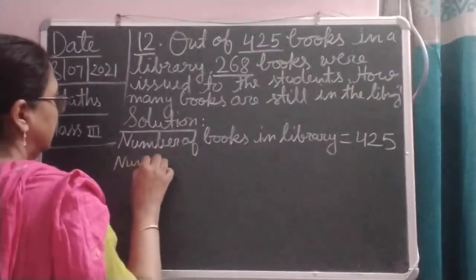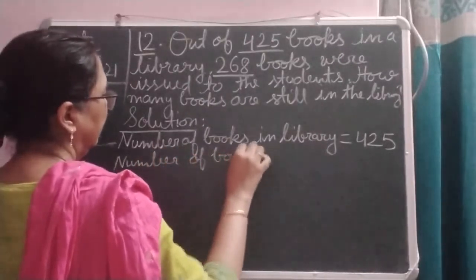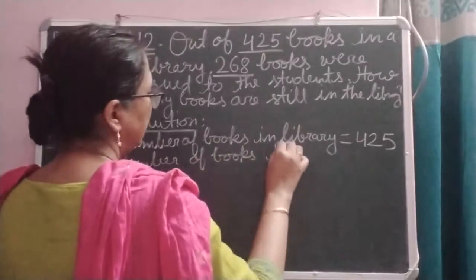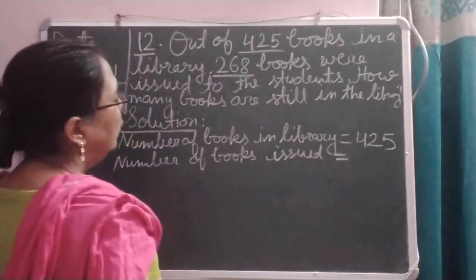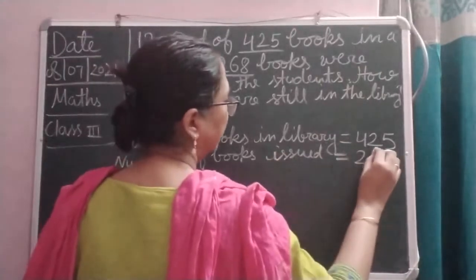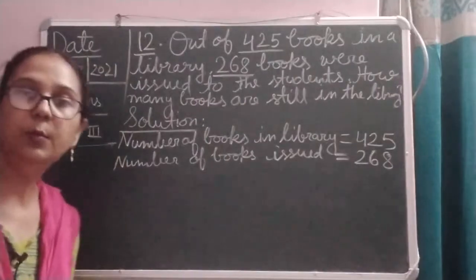Number of books issued equal to 268. Okay. So now how many books are left?